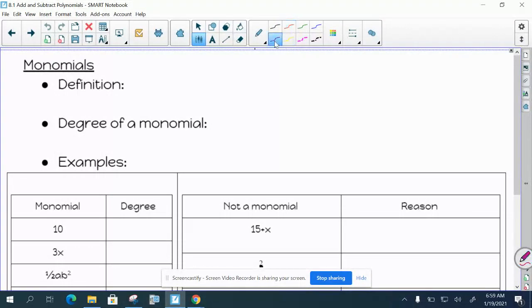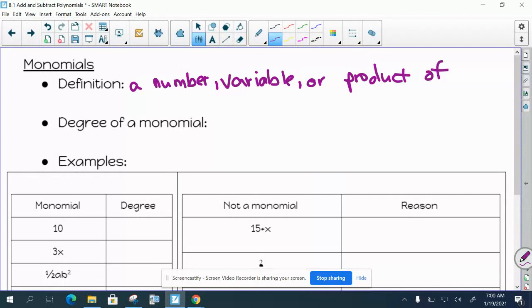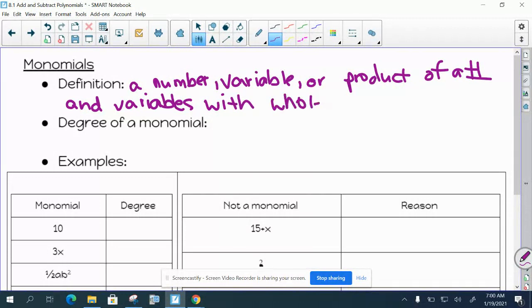So the more specific definition is a number, variable, or product of a number and variables with whole number exponents. And we'll look at examples of all of these, but just real quick examples.